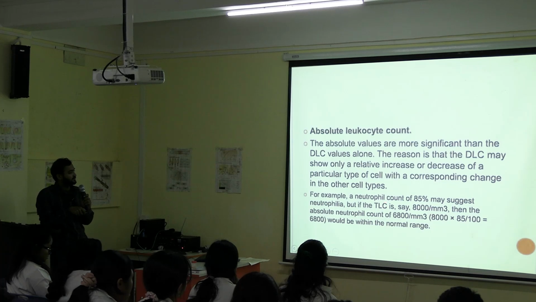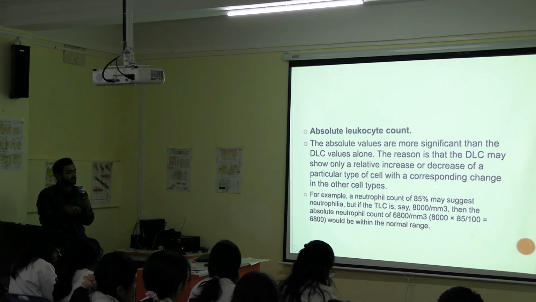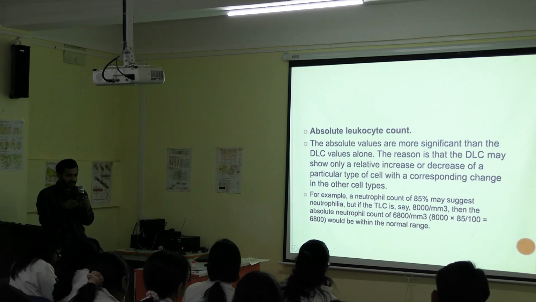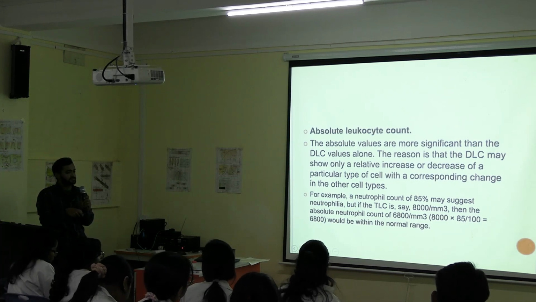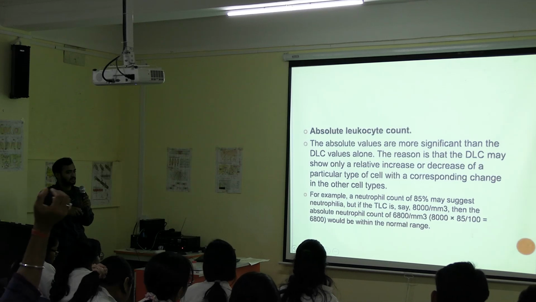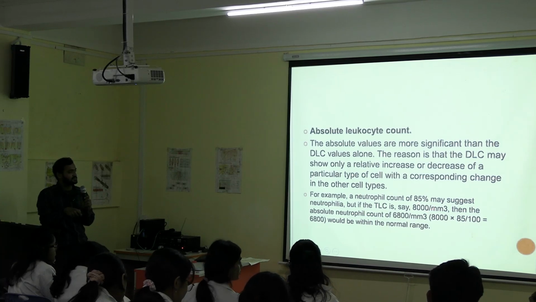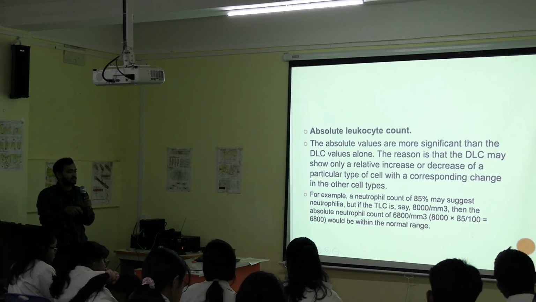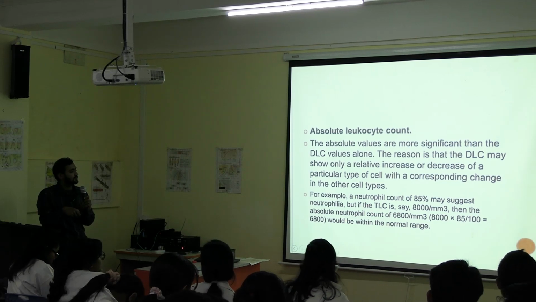Suppose you are going for DLC and only the neutrophil has increased here. You have counted with that box and found an increasing neutrophil count. It came out to be 85%. So what is the normal neutrophil count? 50 to 70%. Okay, so you know the percentage. So it has increased, but when you do the TLC, it came out to be normal.